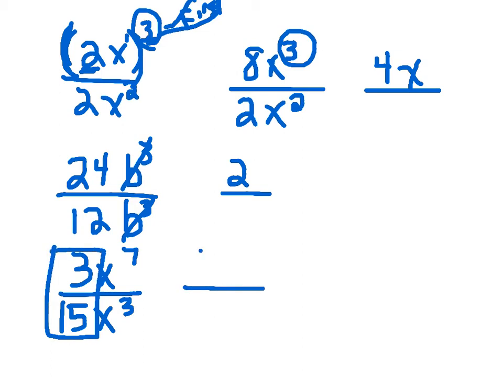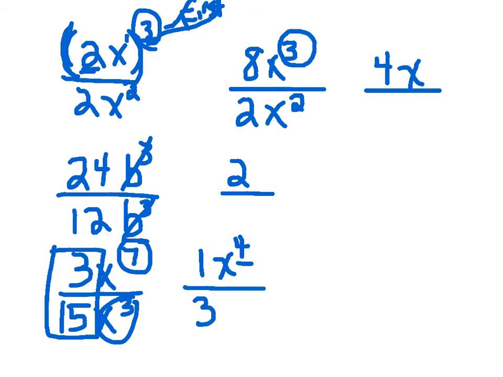I hope that you know that that's 1/3. I also have x to the 7th on the top, x to the third on the bottom. 7 minus 3 is 4, so it's going to be x to the 4th. And it will be on the top because 7 is bigger than 3. All 3 of these cancel out with 3 of those, leaving the 4 x's multiplied together on the top.